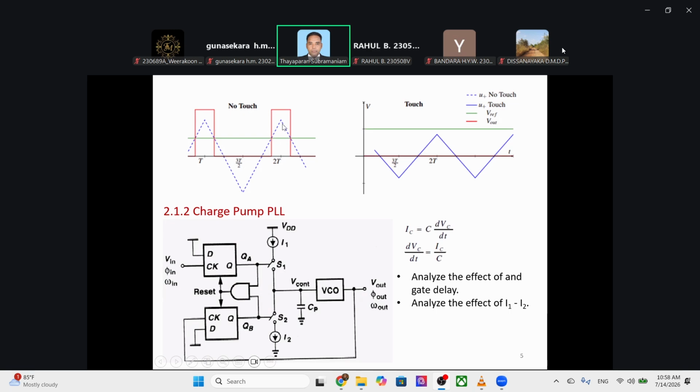Charging and discharging happen linearly. Why? Because the current is constant. The governing equation is dVC over dt equal to a constant. Therefore, VC is linear. The solid line is linear here as well.